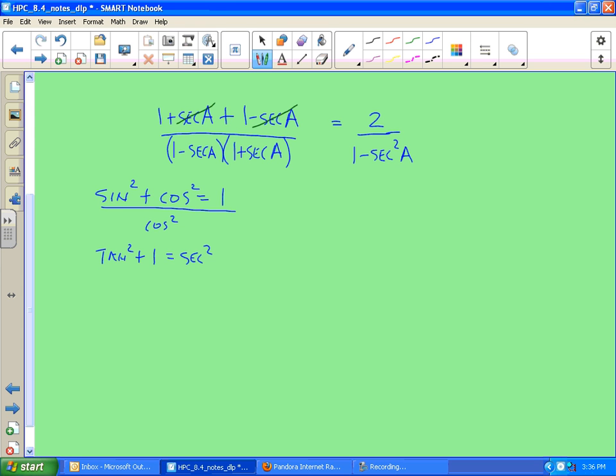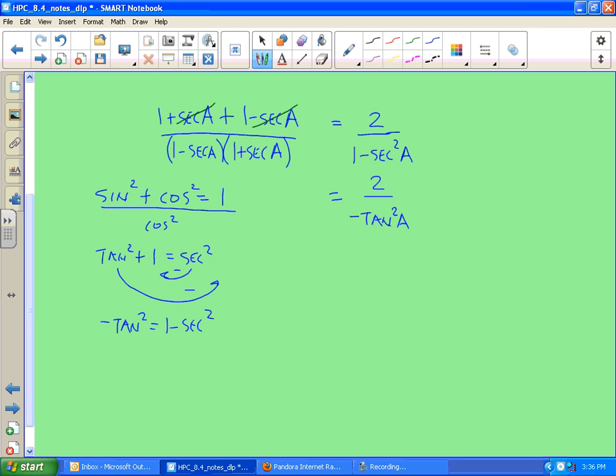And 1 minus secant squared, again, subtracting that to this one, subtracting that to this side, means I have a negative tan squared is equal to a 1 minus a secant squared. So we're going to replace our 1 minus secant squared with a negative tan squared.